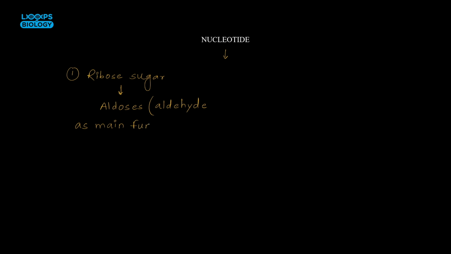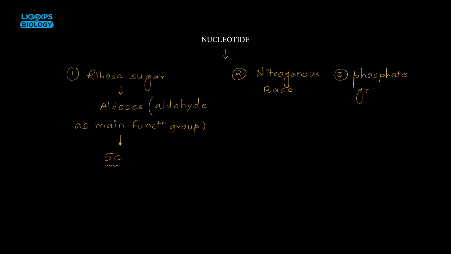This also belongs to pentoses because of the presence of 5 carbon. So it belongs to the category aldoses, while based on carbon number it belongs to the pentoses category. The next is the nitrogenous base, and the third is the phosphate group.